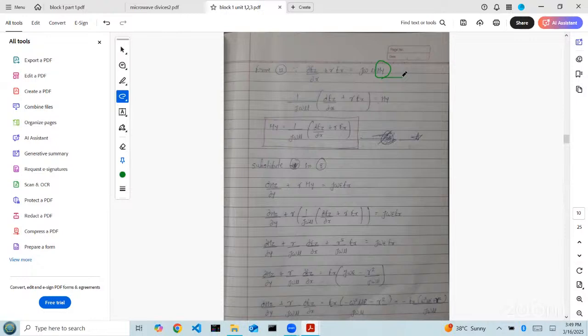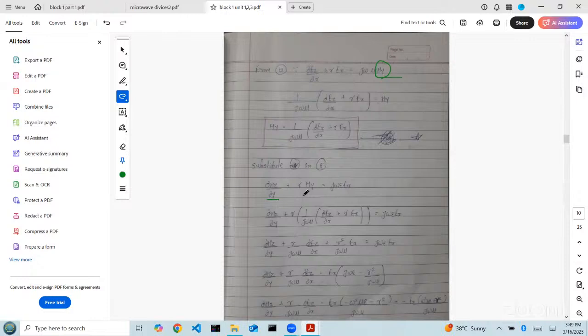This is a lengthy topic. First unit. Again we will see an overview of what we discussed. Tell me, did you get Hy? Where do we have to substitute this Hy? Dou by dou y of Hz plus gamma times of Hy equals j omega epsilon Ex.